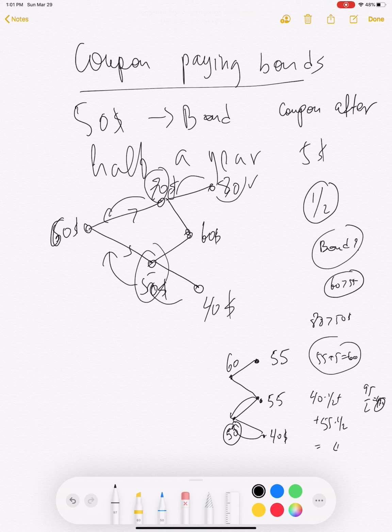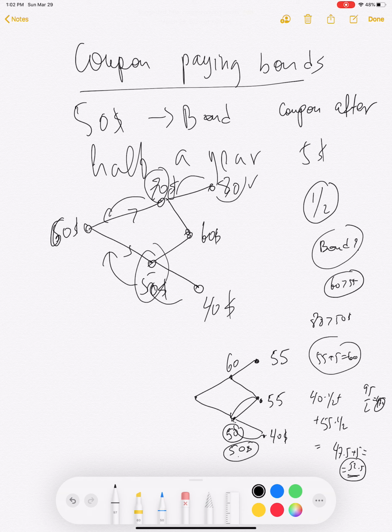The coupon now is $5, so it's 47.5 plus 5. It is going to be 52.5. But 52.5 is bigger than 50, right? So that's why here the value of the bond is going to be $50, because 52.5 is higher than this. And now finally you go back.